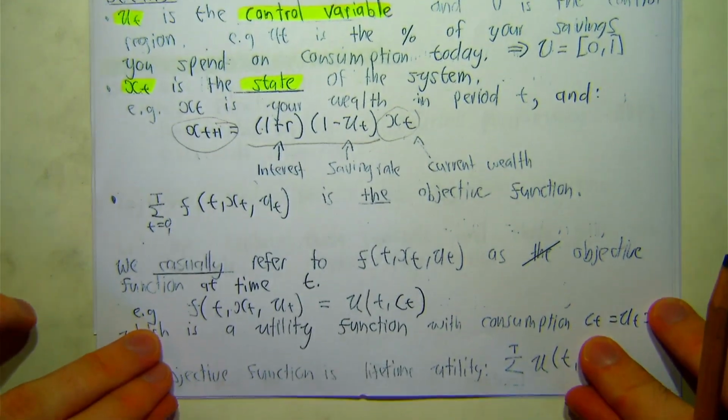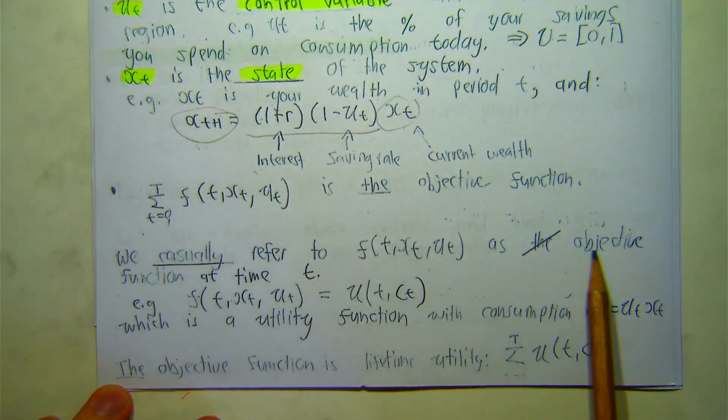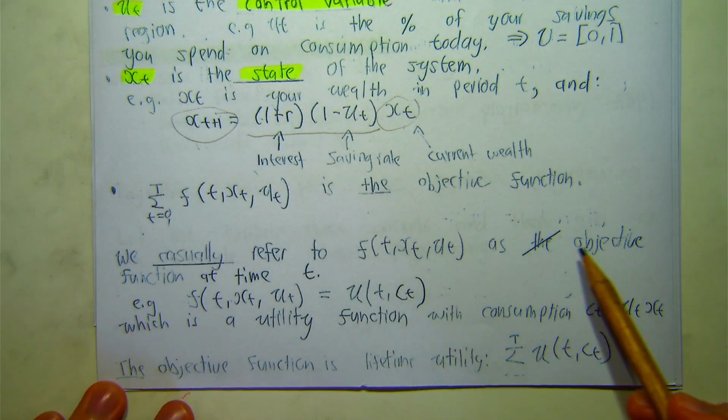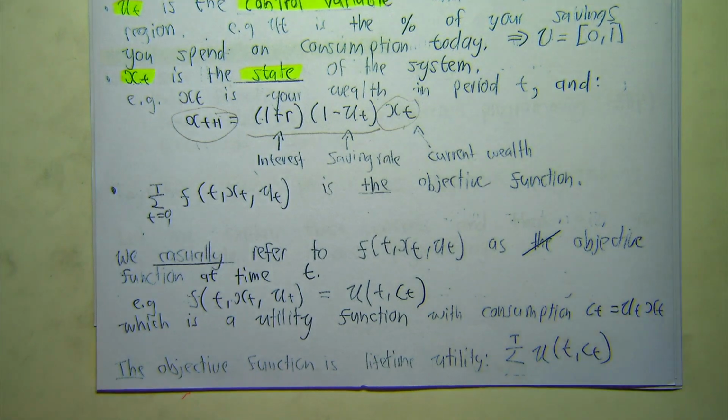Okay, so we can usually refer to this as the objective function at time t with a strikethrough, because the entire objective function is the whole sum, but it's the sum of smaller objective functions. Kind of weird notation to talk about, but the objective function is the entire thing.